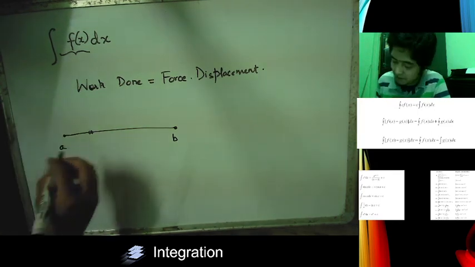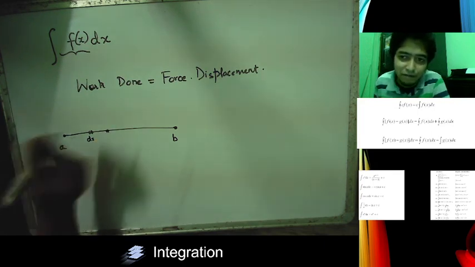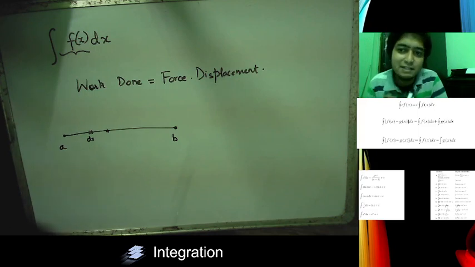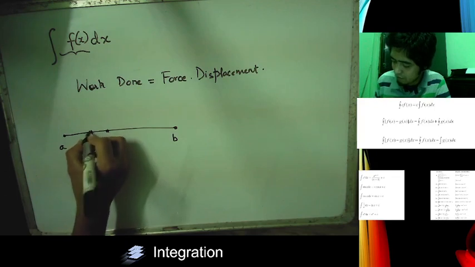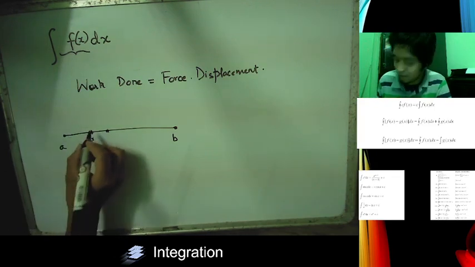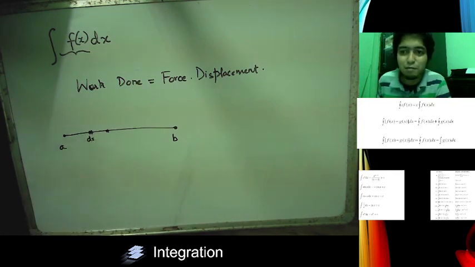Call those portions dx, maybe a dx there, a dx here, very, very small. And we can assume that for this small distance the force does not change. In this very small portion, it does not change.